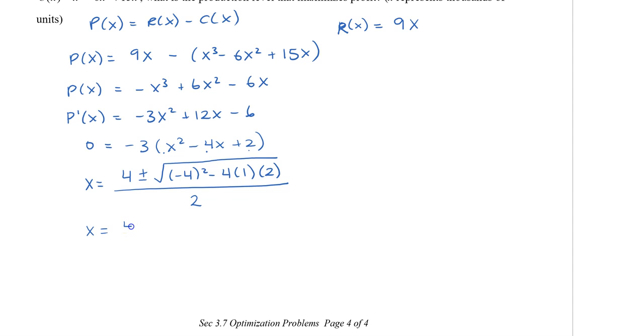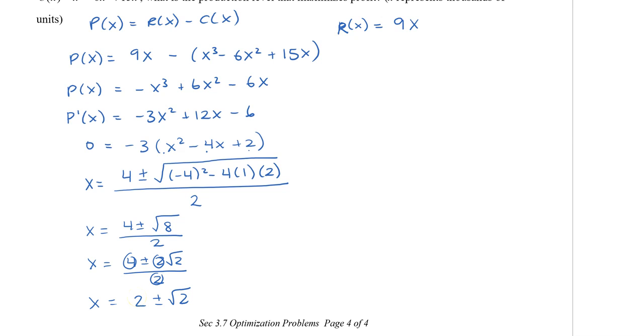So here x equals 4 plus or minus the square root of 8 divided by 2. We can actually simplify this to be 4 plus or minus 2 root 2 over 2. And since all three of these terms have a 2, we can simplify this to be 2 plus or minus root 2. Now remember that we don't simplify the root 2 because that number is inside the radical, not outside.